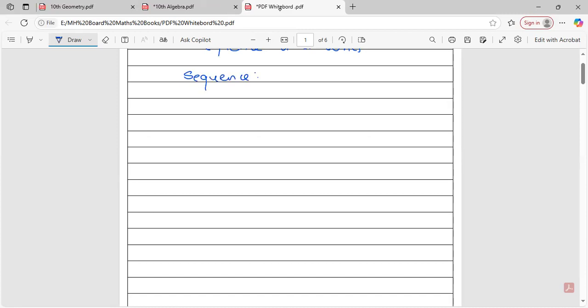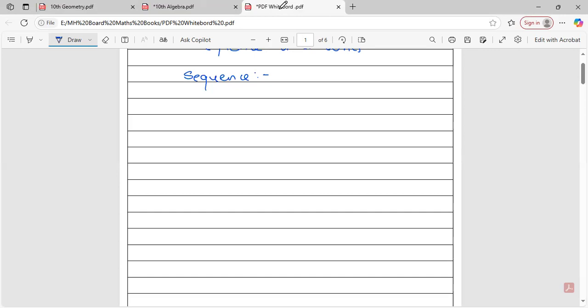ठीक आहे. तर सिक्वेन्स म्हटल्यानंतर काय सगळ्यात पहिल्यांदा काय लक्षात येतं? What do you think when you hear this word sequence? What is your first thought?